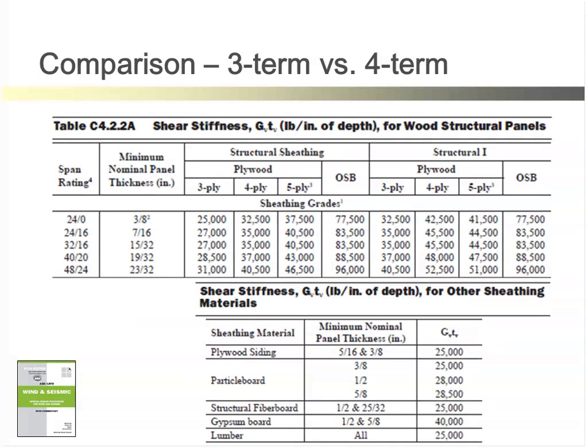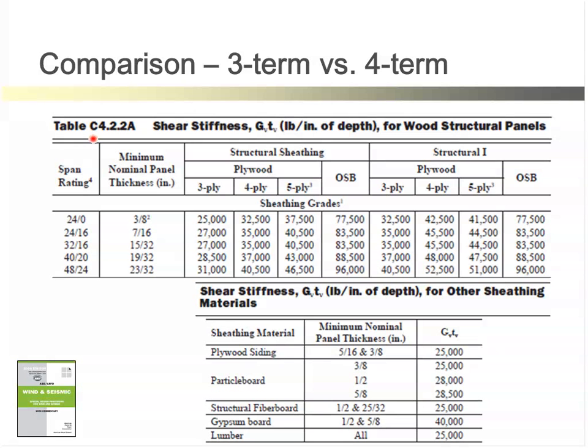So if you're using the four-term equation, those values of G sub V, E sub V, shear stiffness, are also included in the commentary to the wind and seismic standard. Anytime you see a table with the title or the number for the table starting with C, you know that that's part of the commentary.